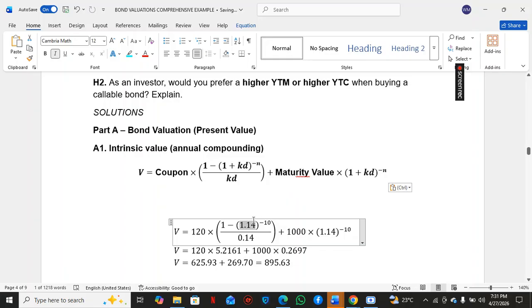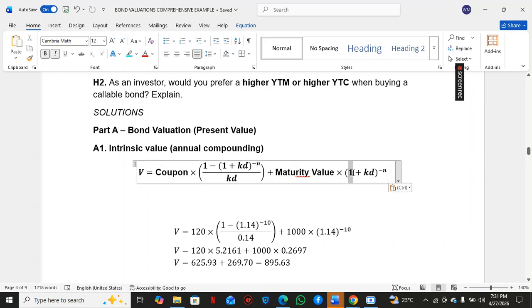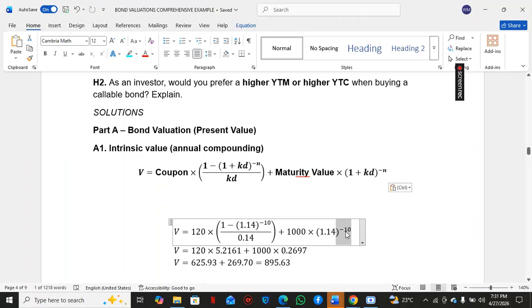The cost of debt here is 0.14, plus 1000, which is the maturity value, multiplied by 1.14. Again, you're just adding 1 plus the cost of debt or your discount rate, which is 0.14, to the power negative 10. Okay, colleagues?